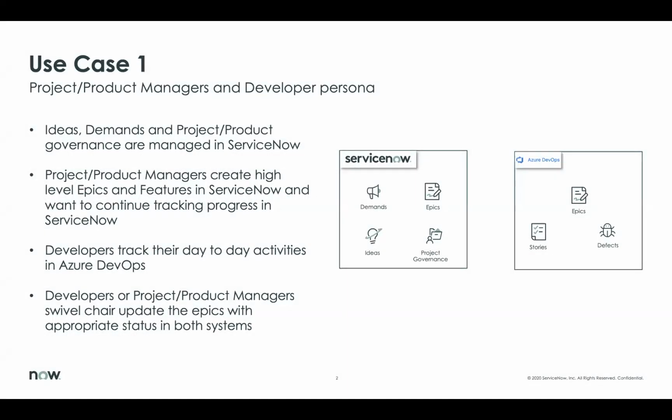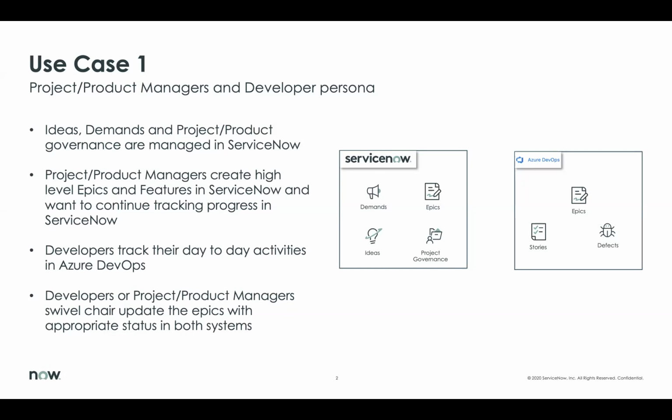All right, so the first use case that we have is the product managers or service managers using ServiceNow for high-level planning, and developers using Azure DevOps to manage their day-to-day activities. What I mean by high-level planning is, let's say you're a Scrum program manager or a SAFe program manager, and you create high-level epics and features in ServiceNow as a part of initiative quarterly planning.